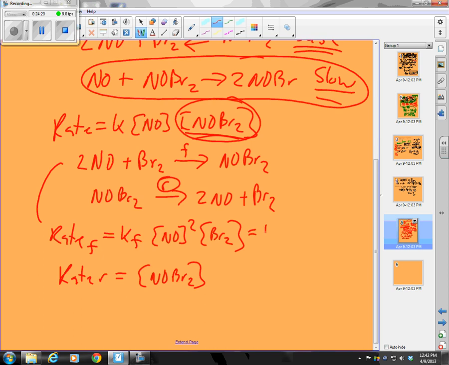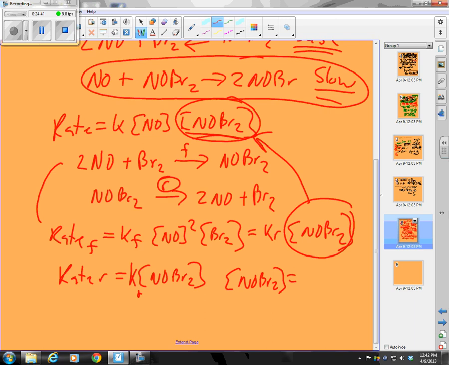So I am going to solve for what I want to replace: concentration of NOBr2 is equal to Kf over Kr, concentration of NO squared over concentration of Br2.